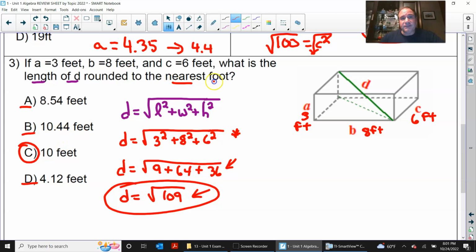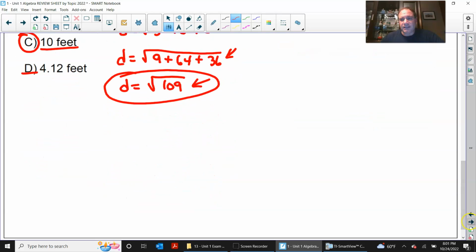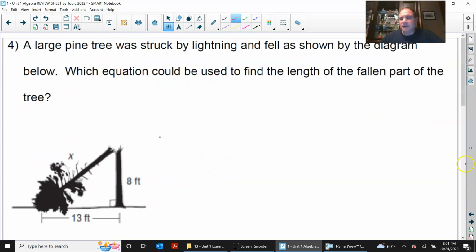But just read the directions: nearest foot. This is the one that's to the nearest foot. If it was 10.44, round to the nearest hundredth, then you would have B as your answer. All right, and that is it. Just be careful reading with that, just follow the directions.